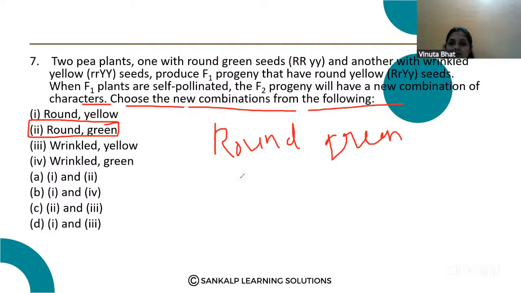Then wrinkled yellow is also present in the parental generation. Here, the new combinations formed are round yellow and wrinkled green. So 1 and 4. Option B is the correct answer.